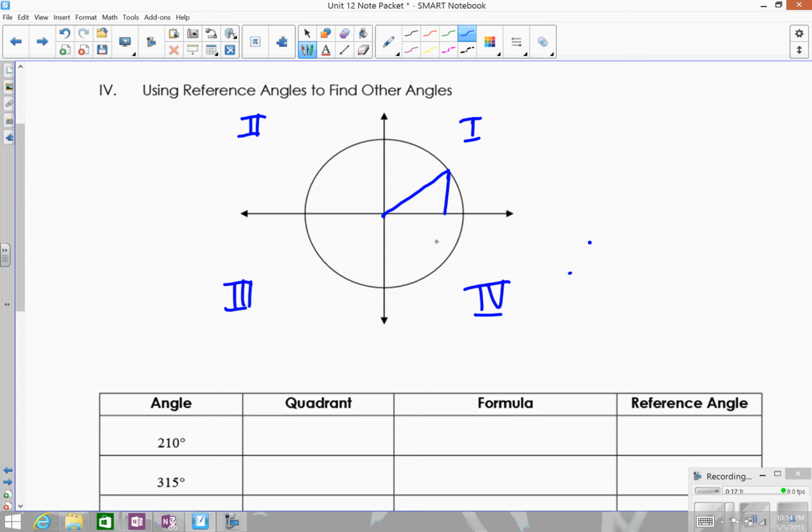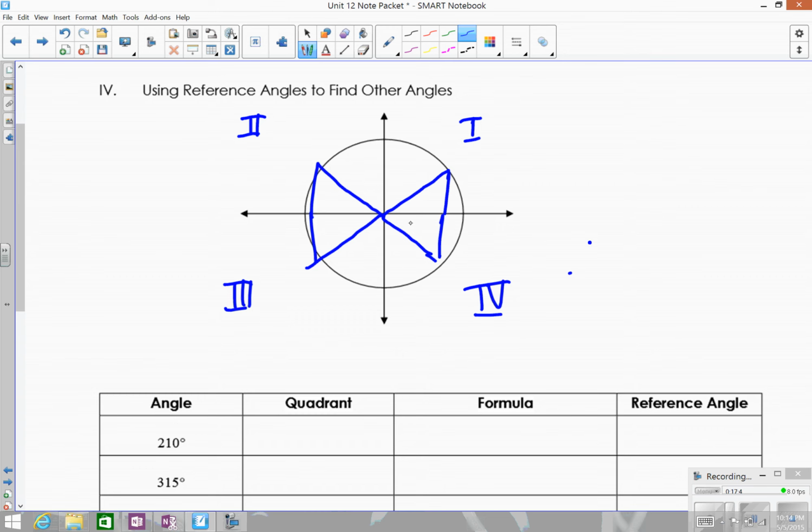And then the reference angles down below have to come off of this axis, and same with in these. So basically what this ends up being is it kind of looks like a bow tie. So reference angles always have to touch the horizontal axis.